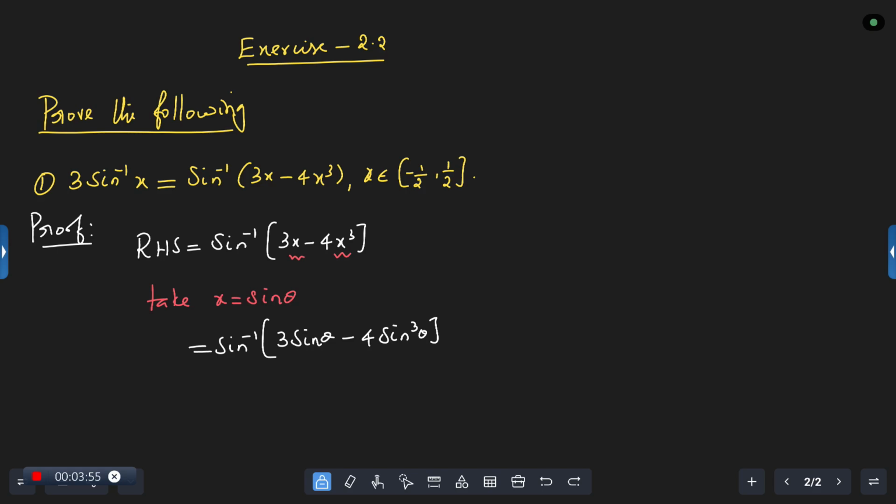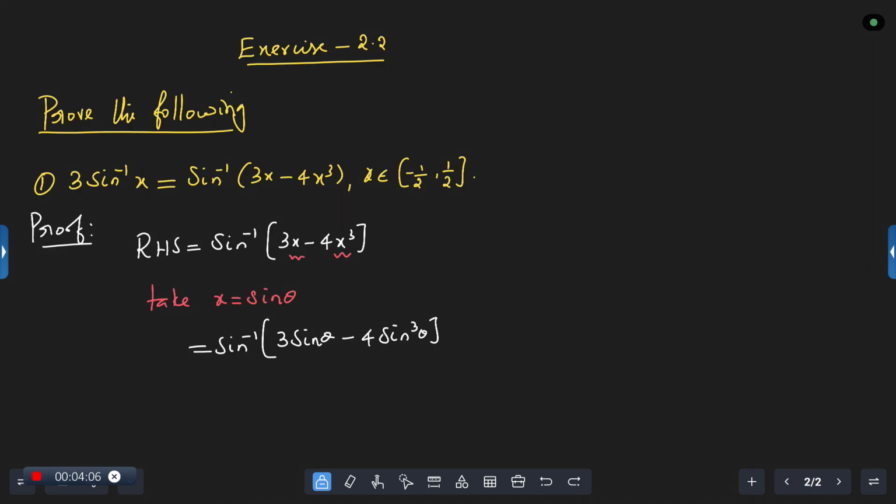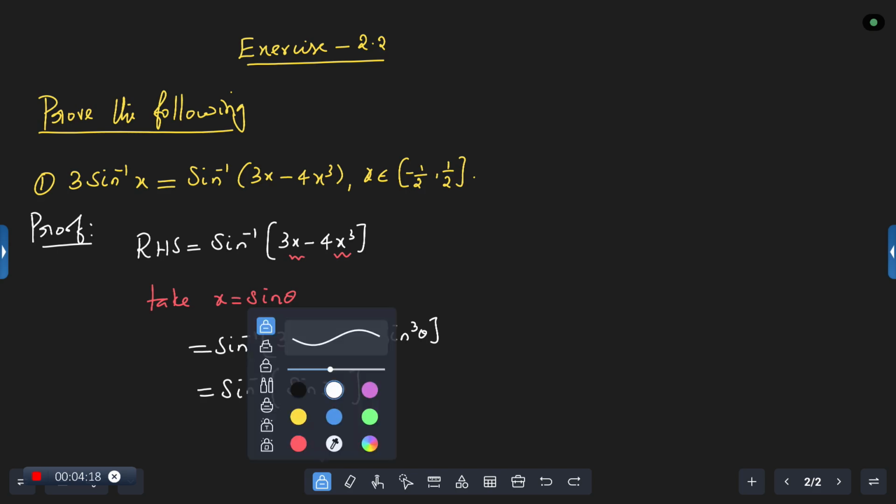Just before, we discussed the multiple of angles, correct? Here sin 3 theta equals 3 sin theta minus 4 sin cube theta. Likewise, replace the value with that identity here. Sin inverse of, what is that formula? Sin 3 theta. Correct?